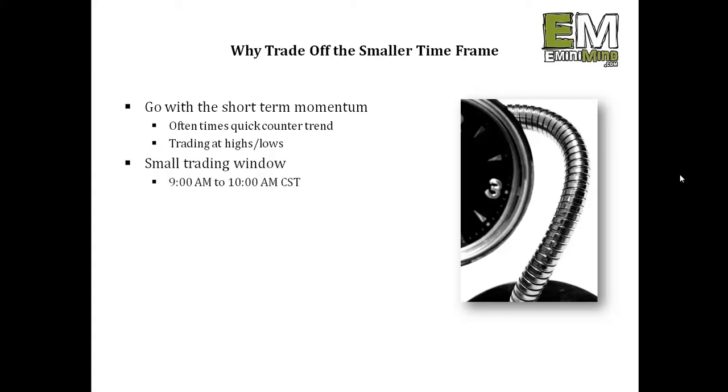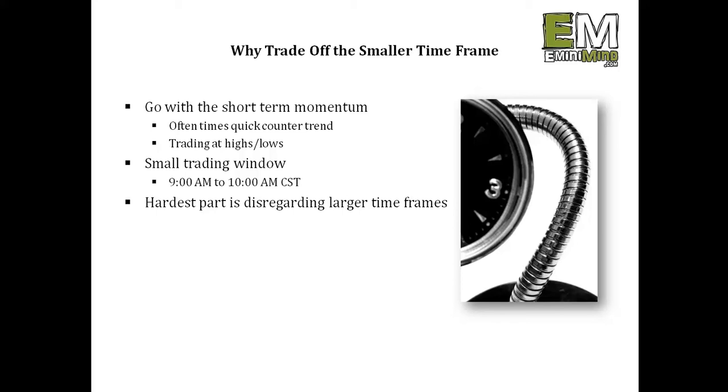So I'll be looking at a small trading window, and that'll be the 9 o'clock to 10 o'clock time frame, and that's Central Time. And really, I think the hardest part to this style of trading, or trading in a very small time frame, is you have to disregard the larger time frames, because just because we might be in an uptrend on a daily chart or a 15-minute chart, it doesn't mean that we can't be in a short-term opposing trend or counter trend move on the smaller time frames.